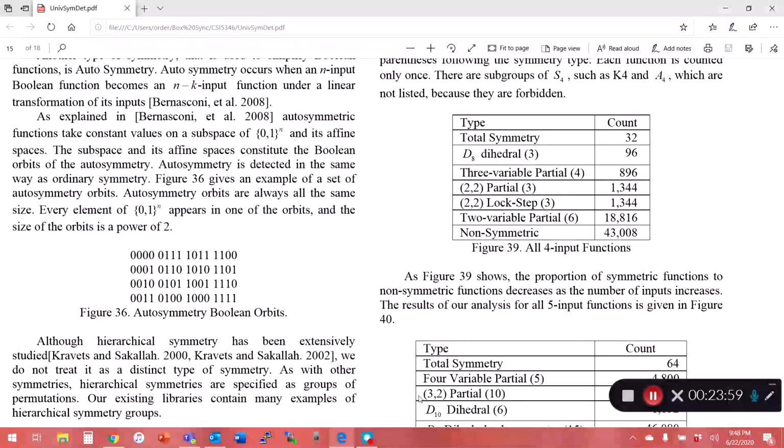Now, an autosymmetric function, assuming that I've got the right matrix, of course, has to map everything in the kernel to the same value. Therefore, if I create a characteristic function for the kernel, that characteristic function must imply either f or f bar.